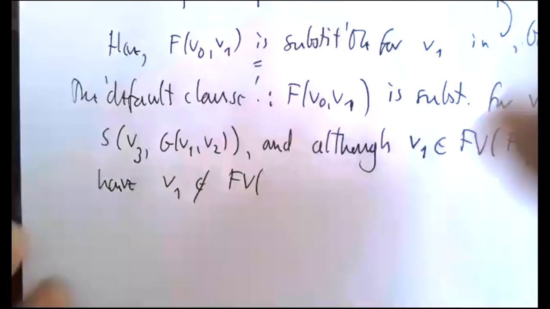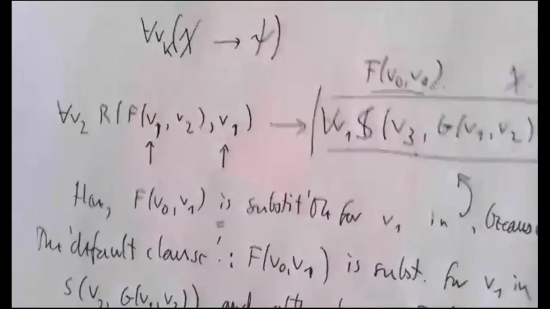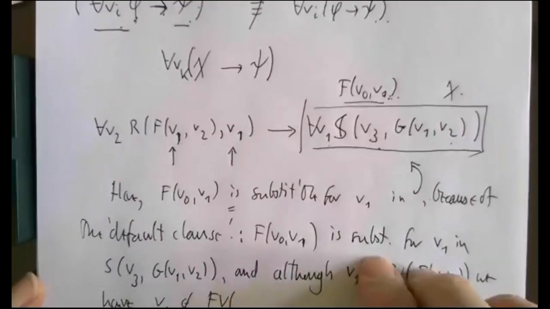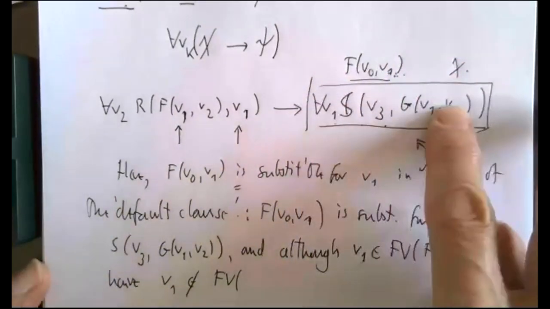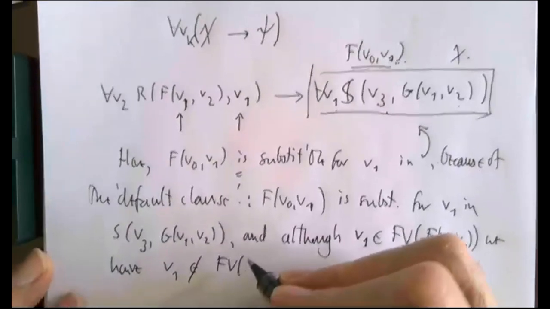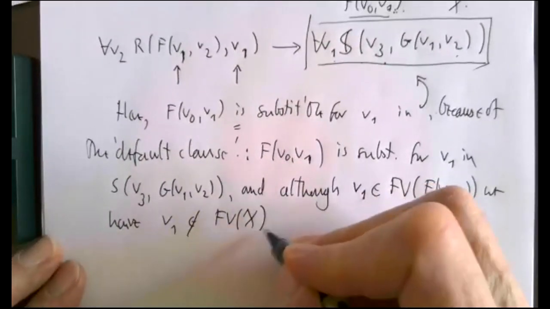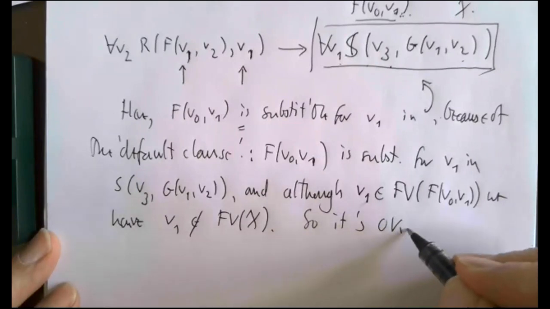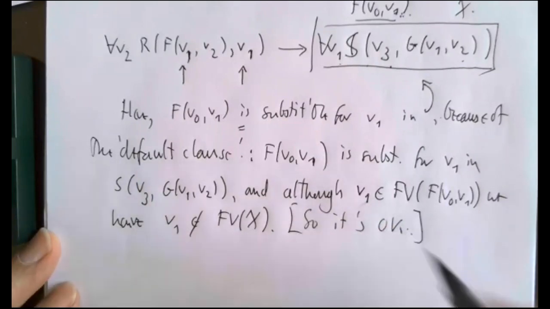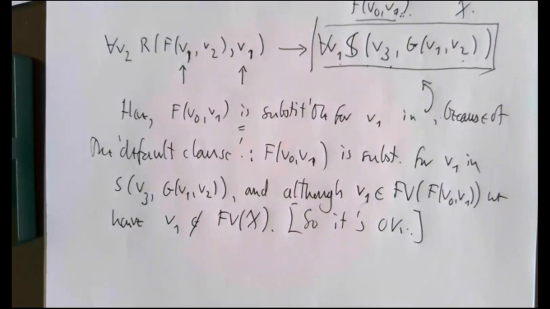We call it chi. So v1 is not one of the free variables of this formula chi. So it's okay. So it is substitutable.